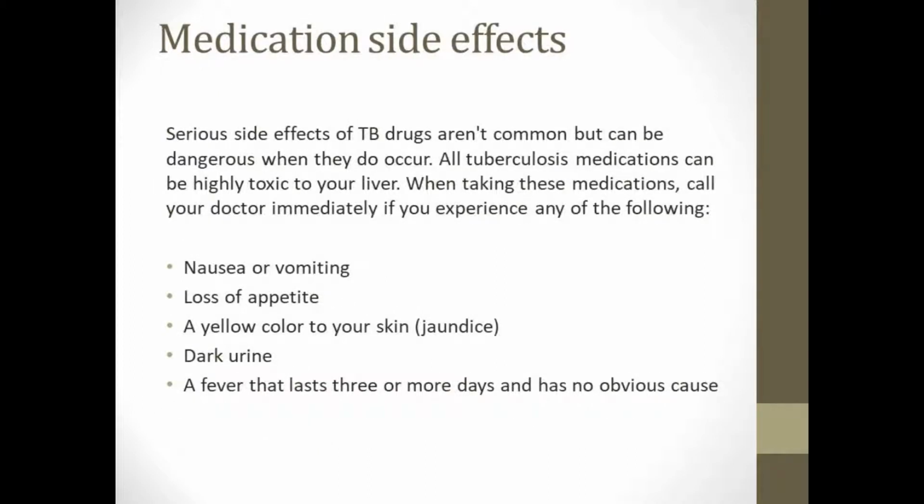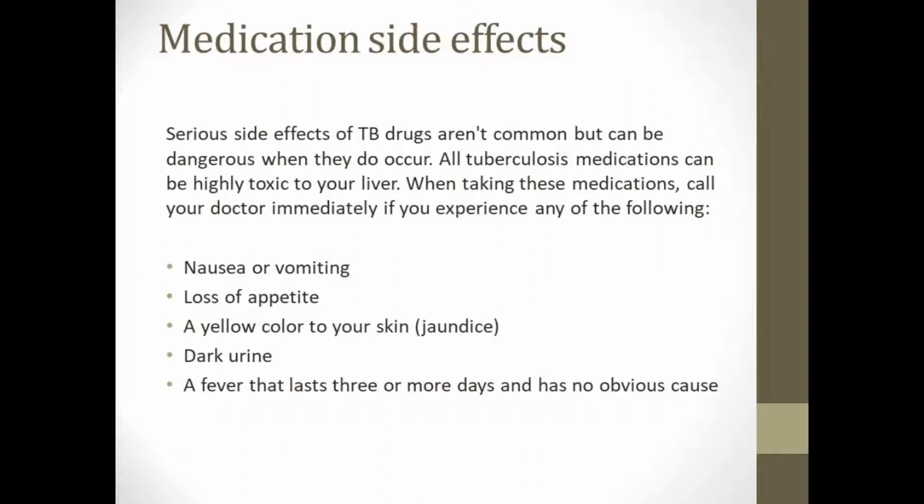Medication side effects. Serious side effects of TB drugs aren't common, but can be dangerous when they do occur. All tuberculosis medication can be highly toxic to your liver. When taking this medication, call your doctor immediately if you experience any of the following.